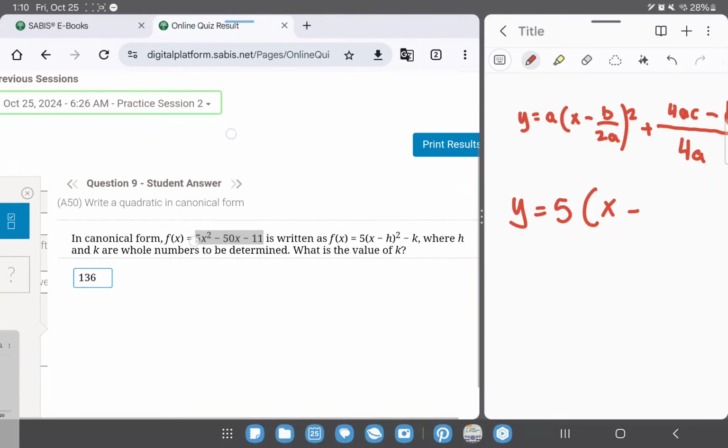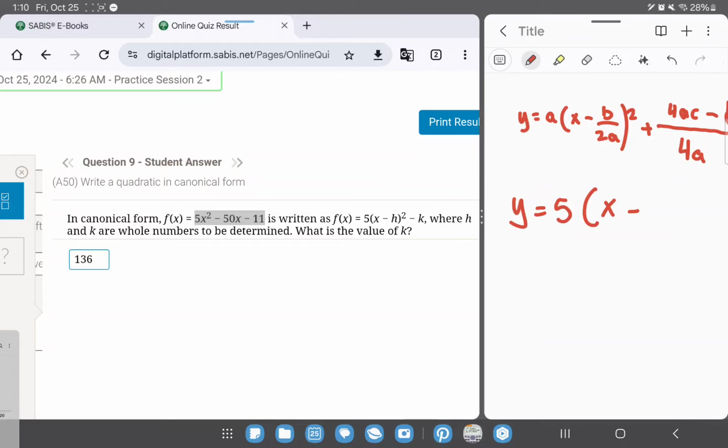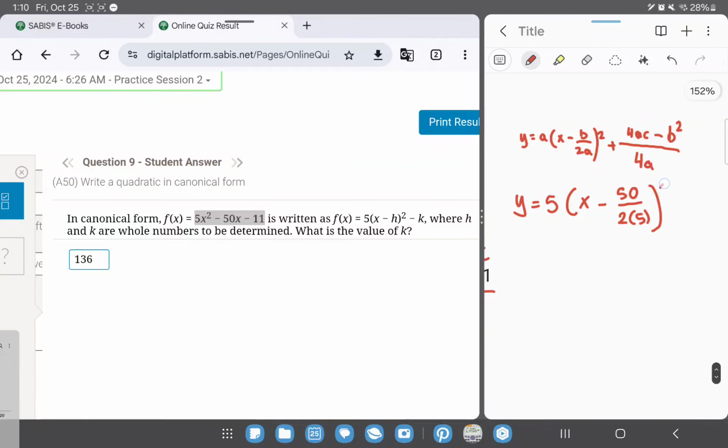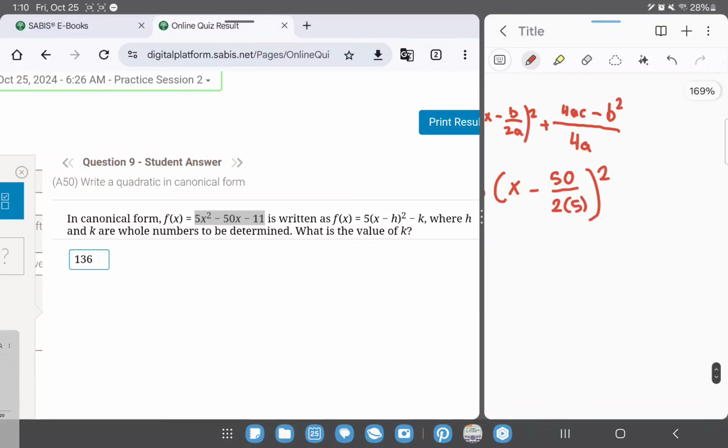So you're gonna do minus 50 over 2a, which is 2 into 5, squared, plus 4ac minus b. So 4, a is 5, c is 11, or well, negative 11.